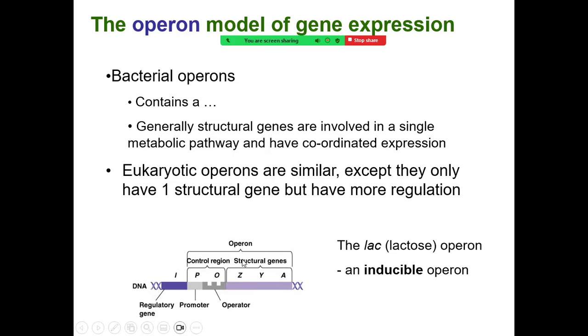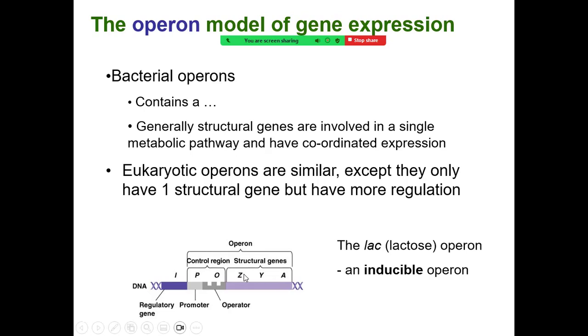If you use the enzyme lactase on the sugar lactose, you get the sugar glucose, which can be used by any cell because it's the base sugar, and the sugar beta galactose. Beta galactose has to be converted into the sugar glucose before the cell can use it. And the A gene is a gene that helps convert that sugar, beta galactose, to glucose.